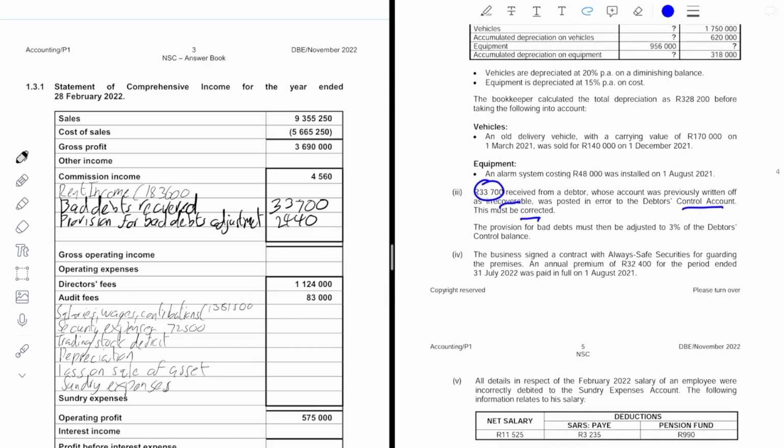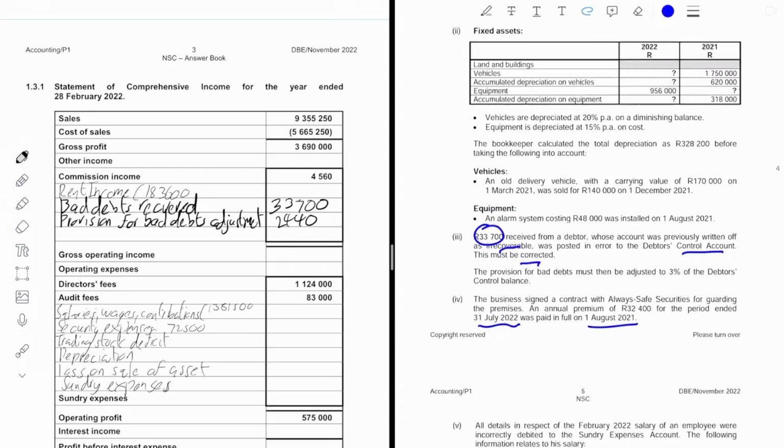Okay, so then they say that the business signed a contract with Always Safe Securities regarding the premises, and then an annual premium of 32,400 for the period ended 31st July 2022 was paid in full on 1st August of 2021.